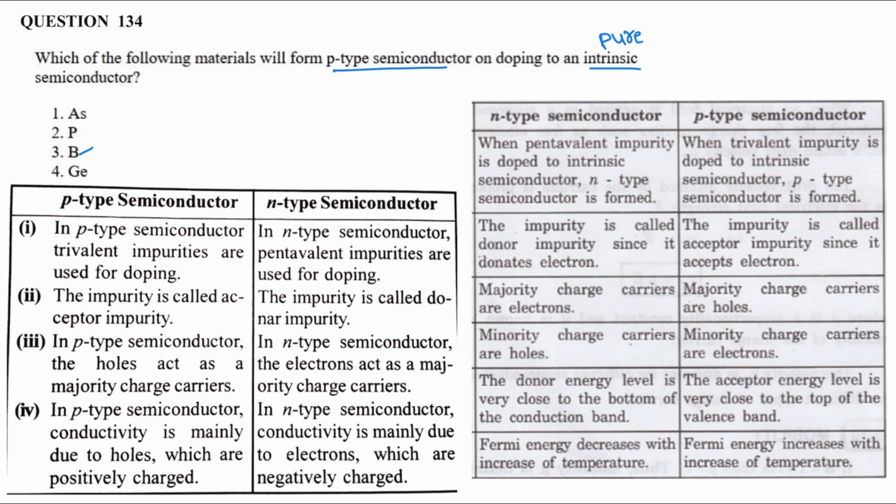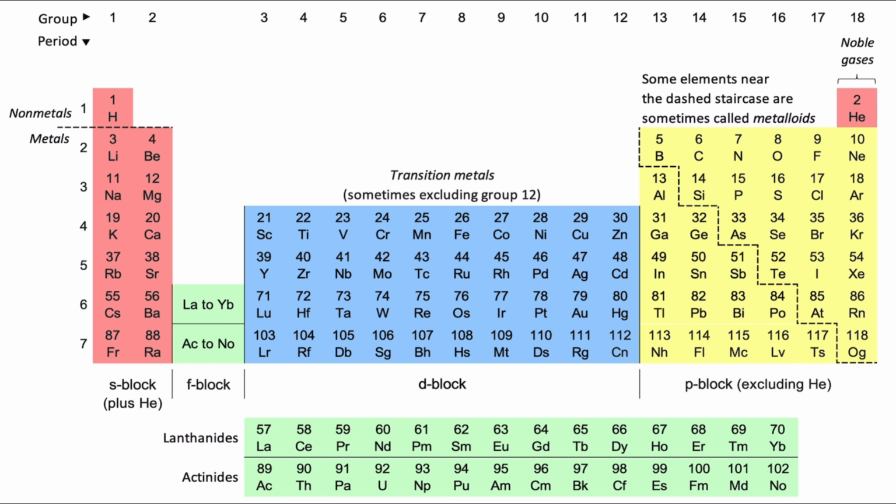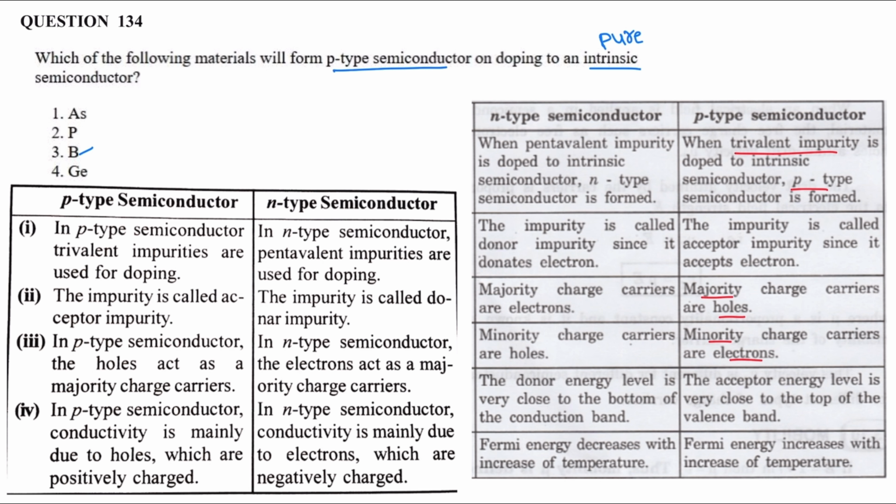So when a trivalent impurity is doped to an intrinsic semiconductor, p-type semiconductor is formed. Here majority carriers are holes and minority carriers are electrons. Third A group elements are boron, aluminum, gallium, indium, thallium. Correct answer is boron. Option 3.